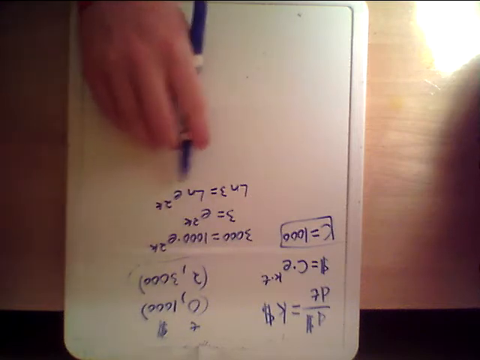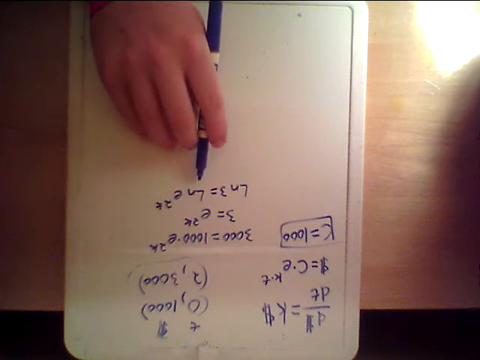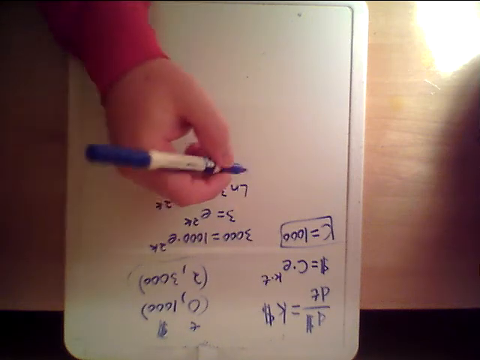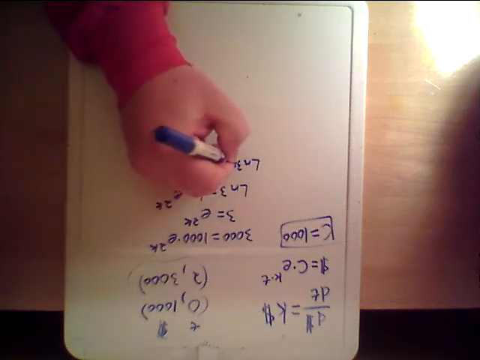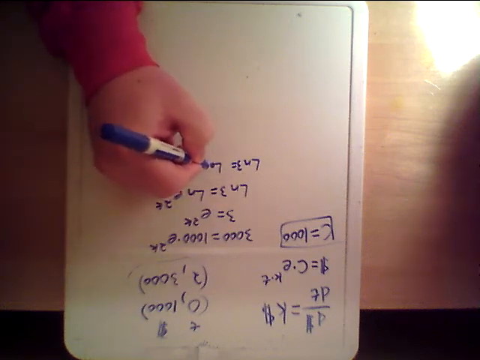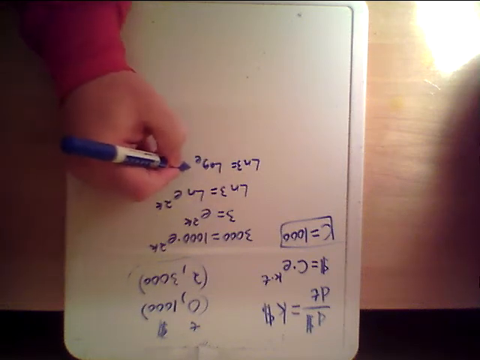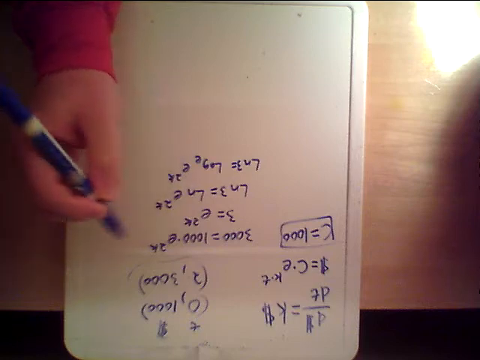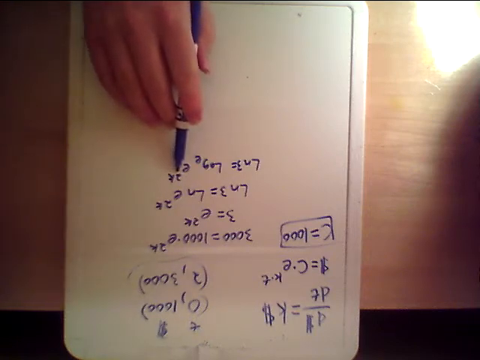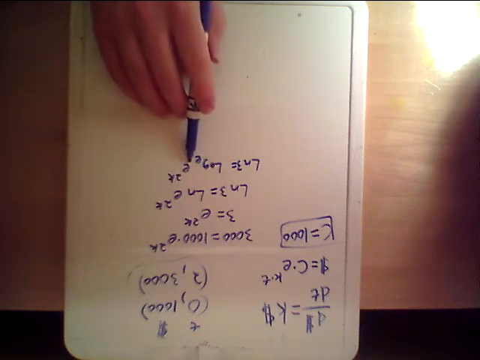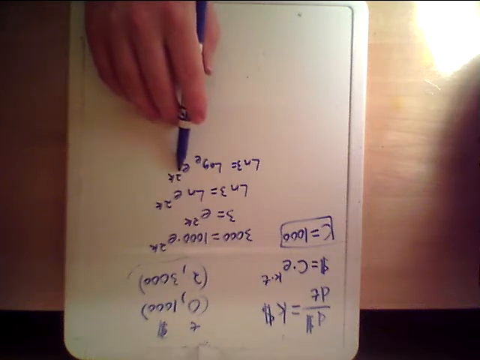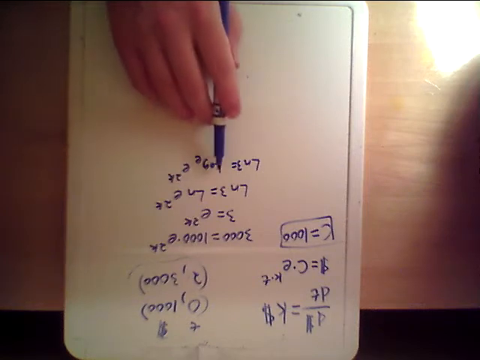Let me write this explicitly so you can see why this ends up going away. The natural log of 3 equals the log base e of e to the 2K. Remember, with our log rules, if the something on the inside of the log is taken to an exponent, that exponent can move right down to the front.